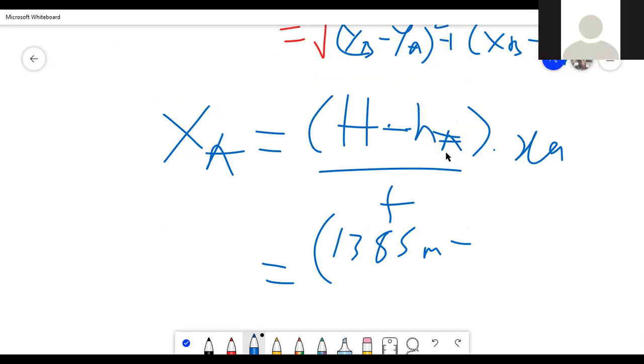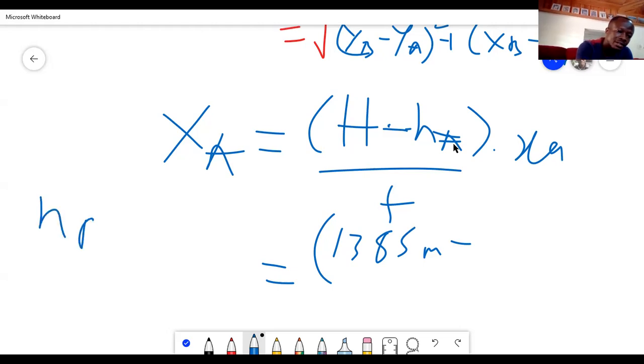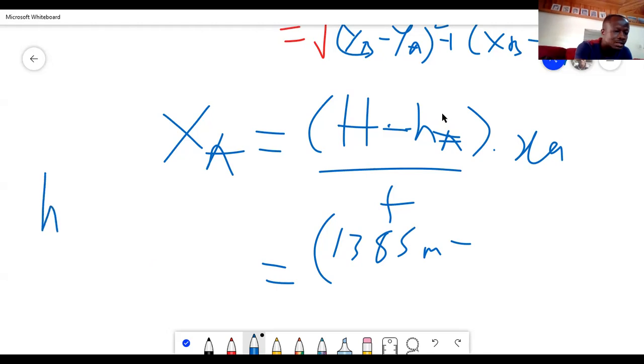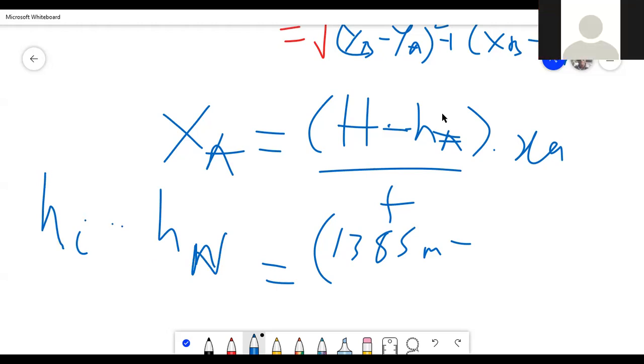Then H subscript capital A is the elevation of point A. In other words, we can have H subscript B, H subscript C, H subscript Z, so the points are point B, point C, point Z. You can have a lot of points like that, H subscript i up to H subscript N, where i represents a label for the points of interest.